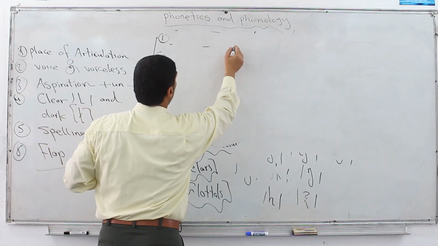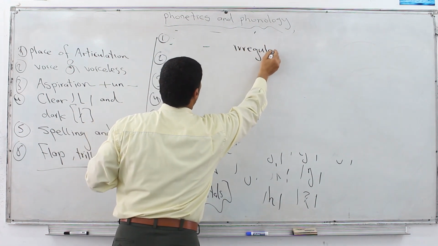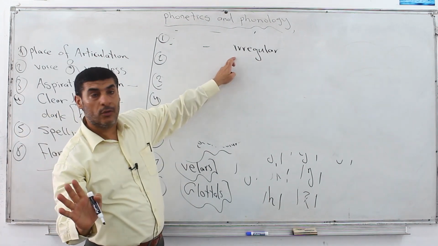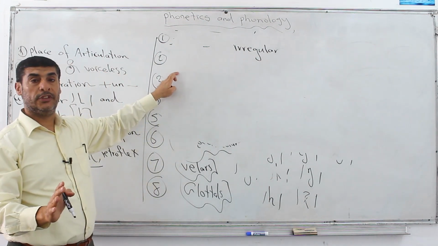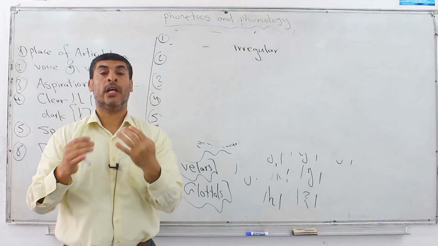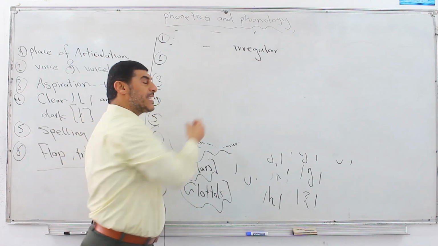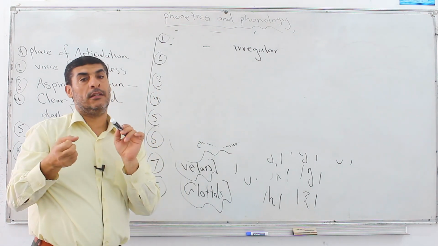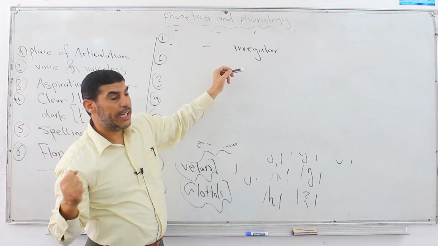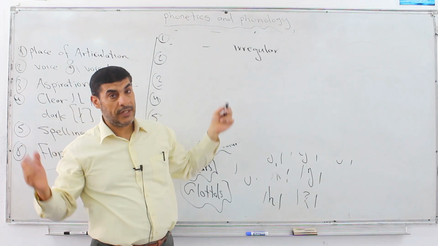If you say the word irregular, it's not reasonable to say that the r sound is alveolar. No, it's not alveolar at all, because when you say irregular, you feel that the tip of your tongue goes back a little and touches the beginning of the hard palate. So in this case, the r is not alveolar.